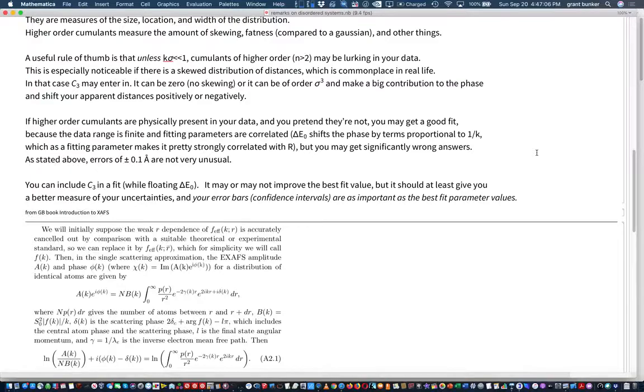So I think a correct way to think about this is, even if you're not worried about it for your parameter values, you should at least think about it in the context of your error bars. When you have a large disorder, your error bars are very likely considerably larger than what the fitting program will tell you if you don't include a C3 and an E0 shift. Okay, so this really needs to be considered.